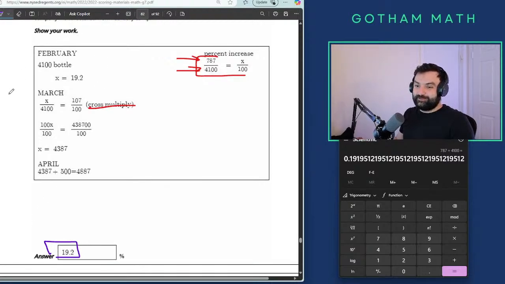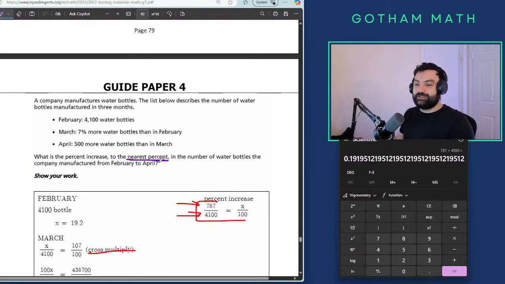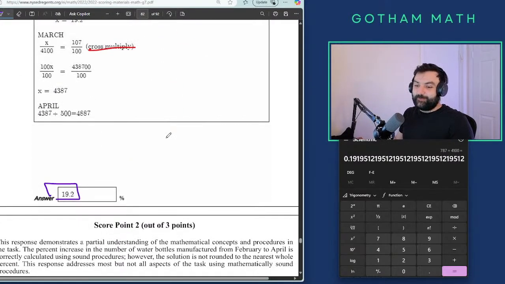I feel sorry because you did everything right. All the steps, everything's right, but you forgot to do the nearest percent, and they have no choice but to take a point because it's technically incorrect. You understand? So we're moving on.